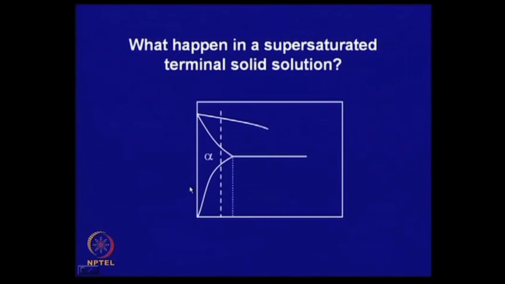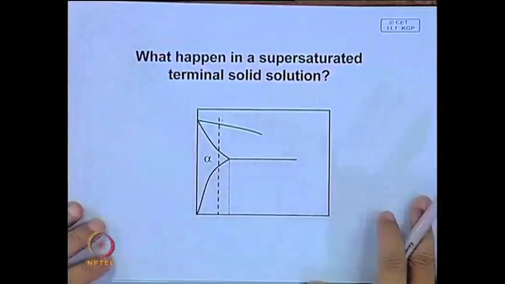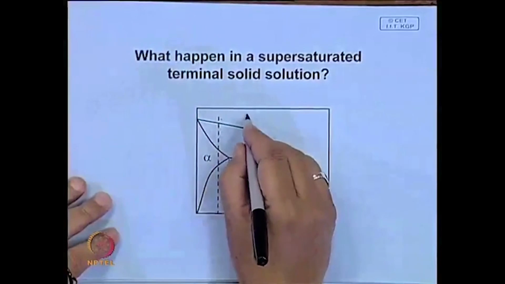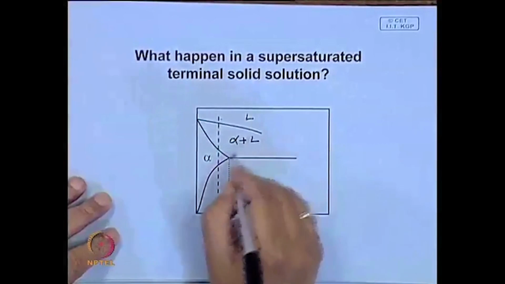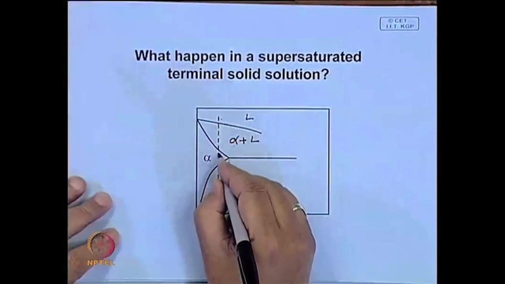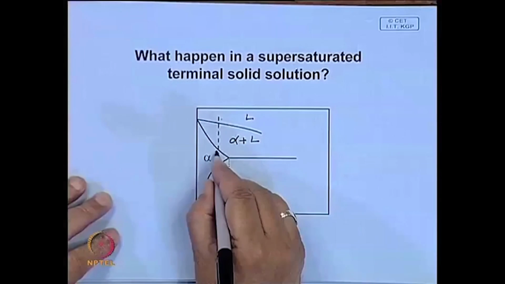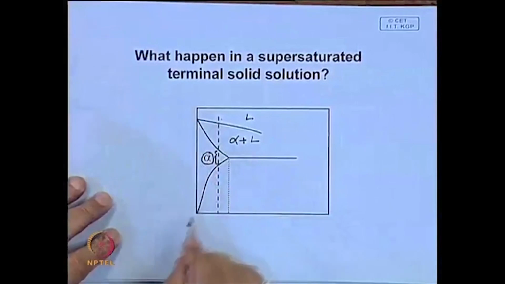Now, let us look at a terminal solid solution. The diagram is shown over here, and in this diagram, here you have liquid, this is the two phase region alpha plus liquid. Now, you have an alloy, and if you are cooling it very slowly, what you have in between is pure single phase alpha.